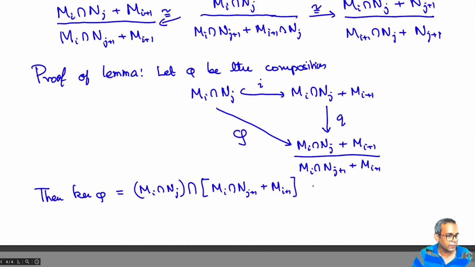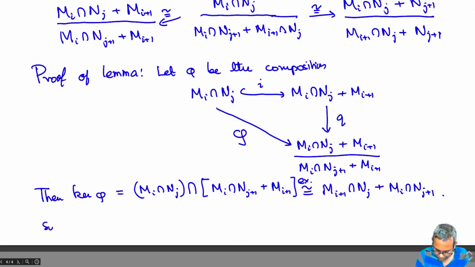And you can show without too much difficulty, and I leave it as an exercise for you, that this is isomorphic to mi plus 1 intersect nj plus mi intersect nj plus 1.